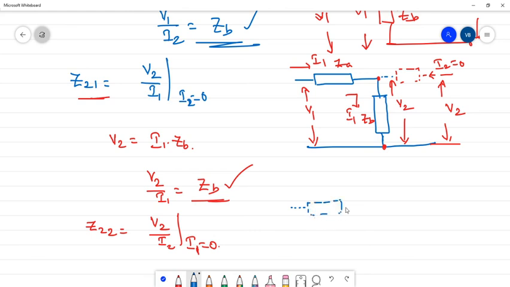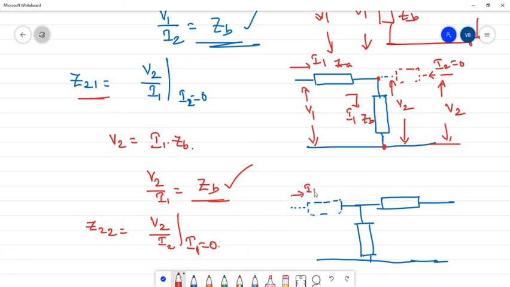I am going to make I1 as 0, which means the ZA resistance will be removed, only ZB and ZC remain. Here I1 current is 0, and here the potential difference is V1, and here the current is I2, and here the potential is V2, and this is ZC, and this is ZB. So current I2 passes through this network.